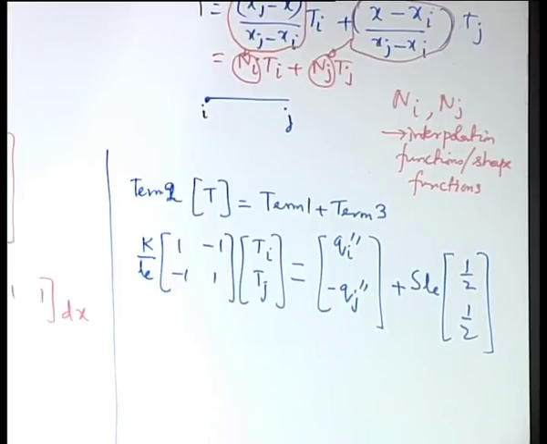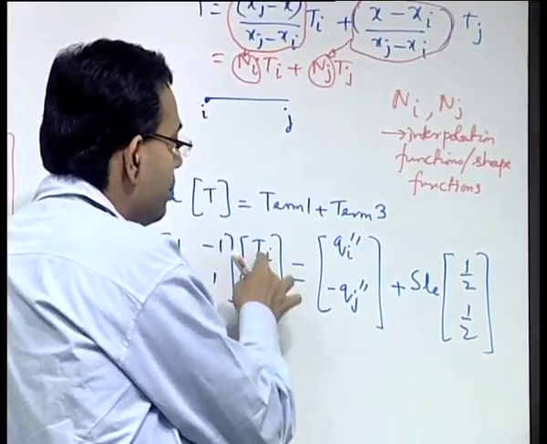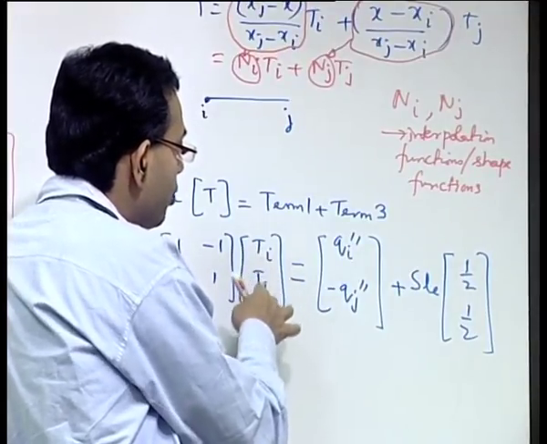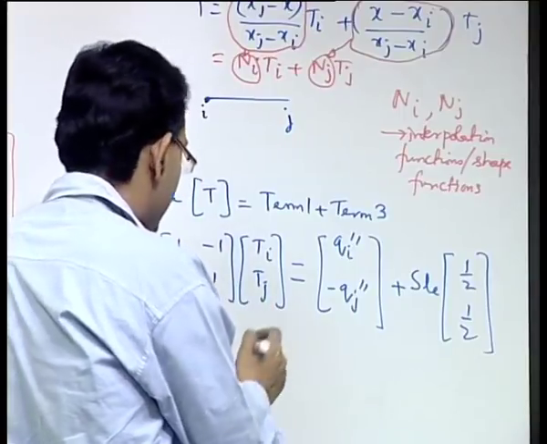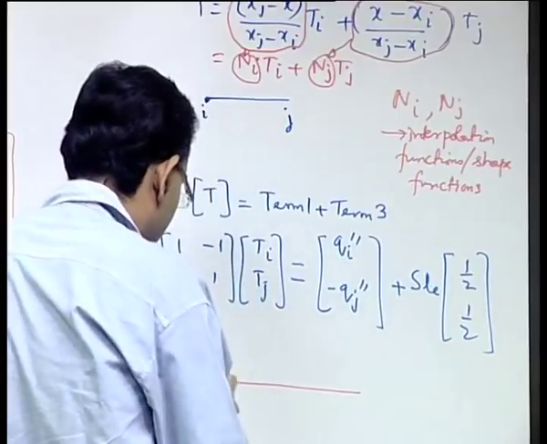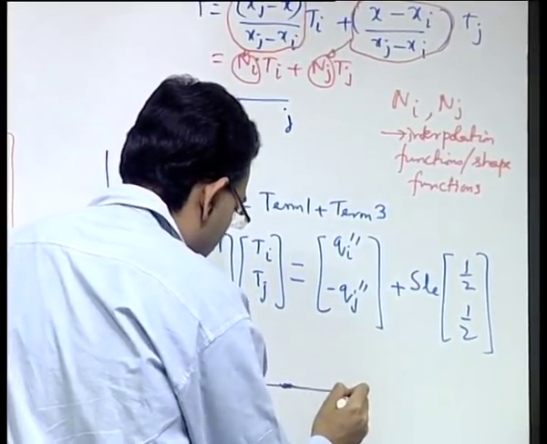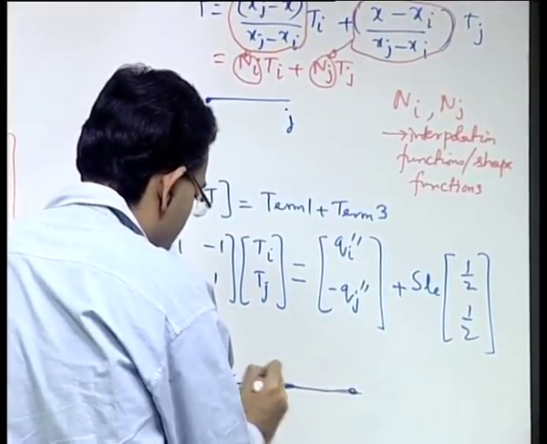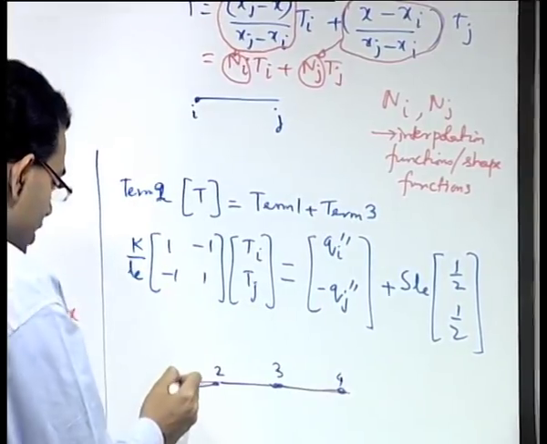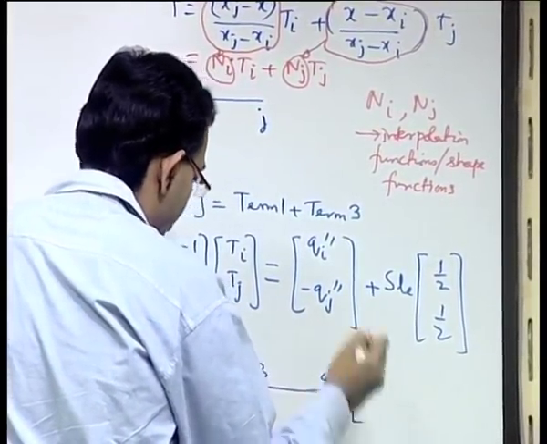Now, this is what you write for each element, and just your i and j will be different. For the first element i will be 1, j will be 2. So let us reconstruct that sketch of the elements. You had 3 elements, so nodes 1, 2, 3, 4. This end was insulated and this end is T equal to TL.